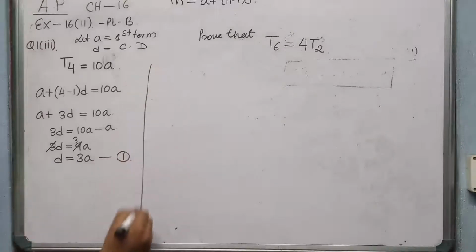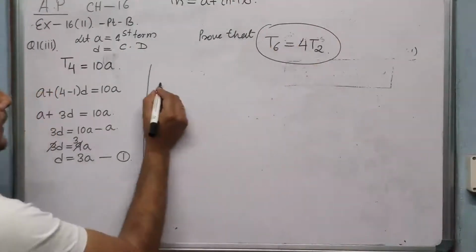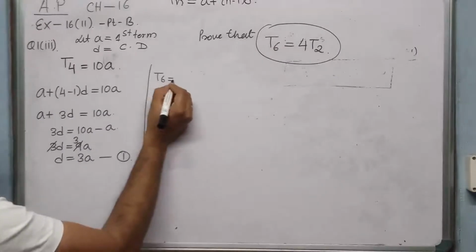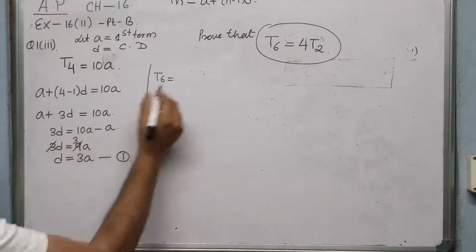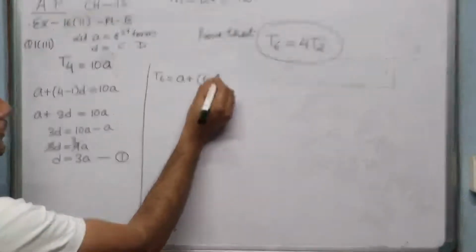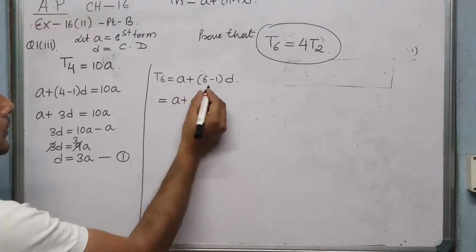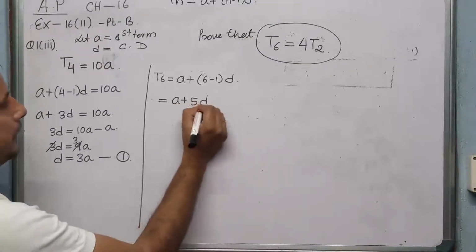Now I'll calculate the sixth term. The sixth term is A plus (6 minus 1) into D, that is A plus 5D.